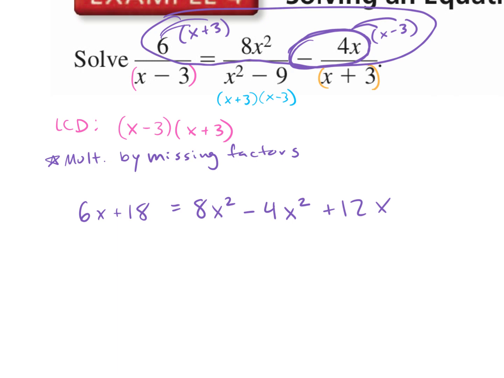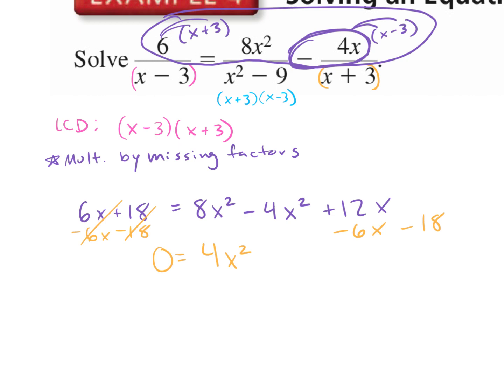So 8x squared minus 4x squared would be 4x squared. I can subtract the 6x to move it to the other side and subtract the 18. Just be super careful with your combining like terms. Remember, if you're moving it to the other side, you got to do the opposite.